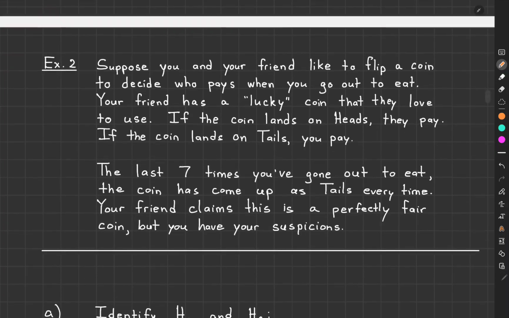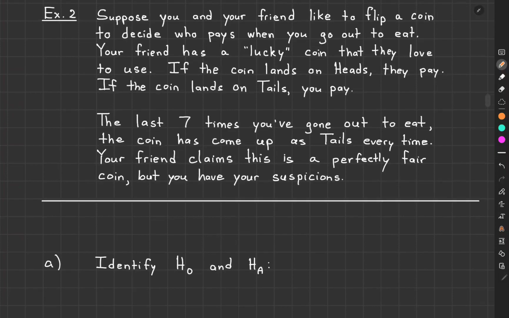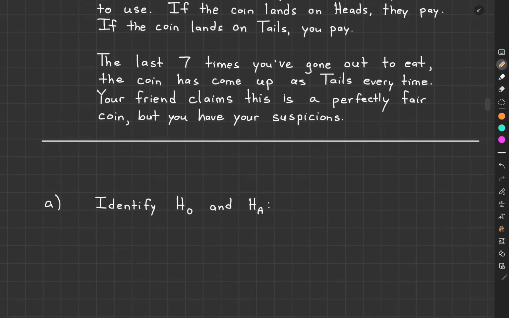Okay? So now if you're going to identify the null hypothesis and alternative hypothesis in this case, the null is going to be your friend's claim. The coin is fair or the coin is not biased.